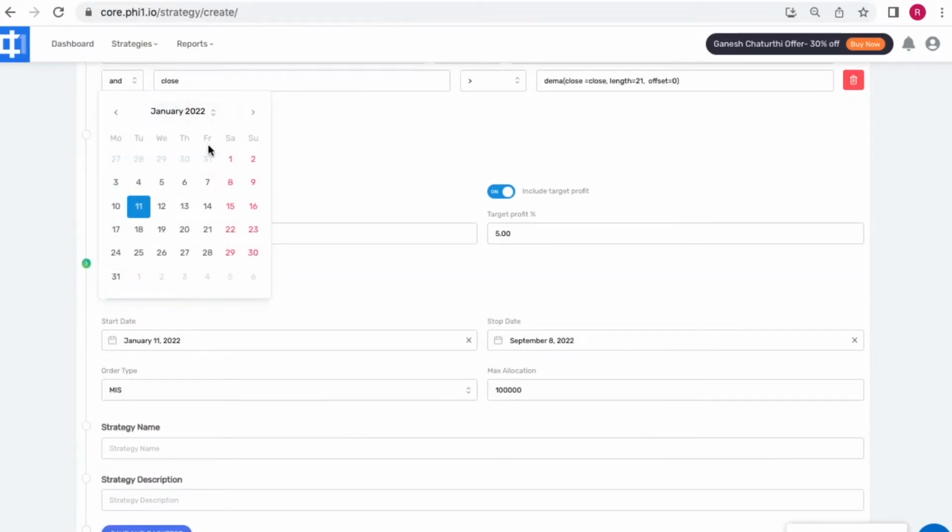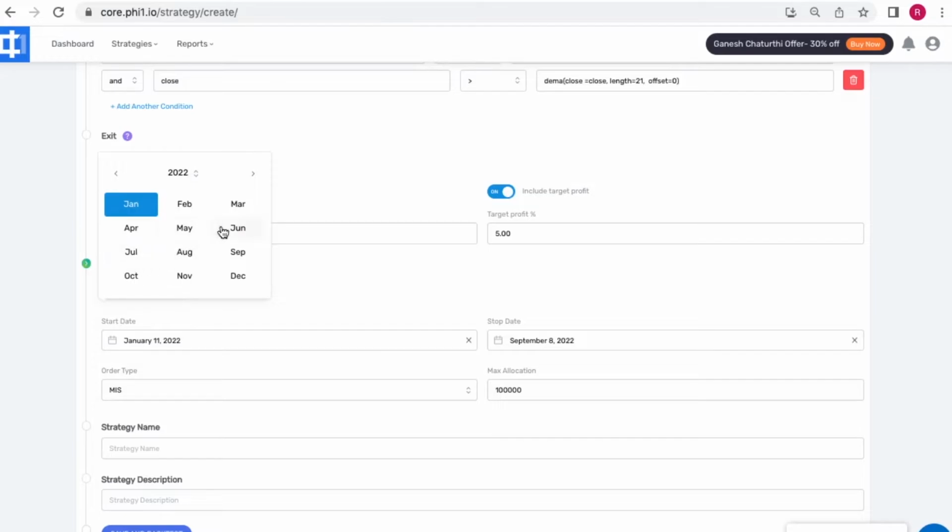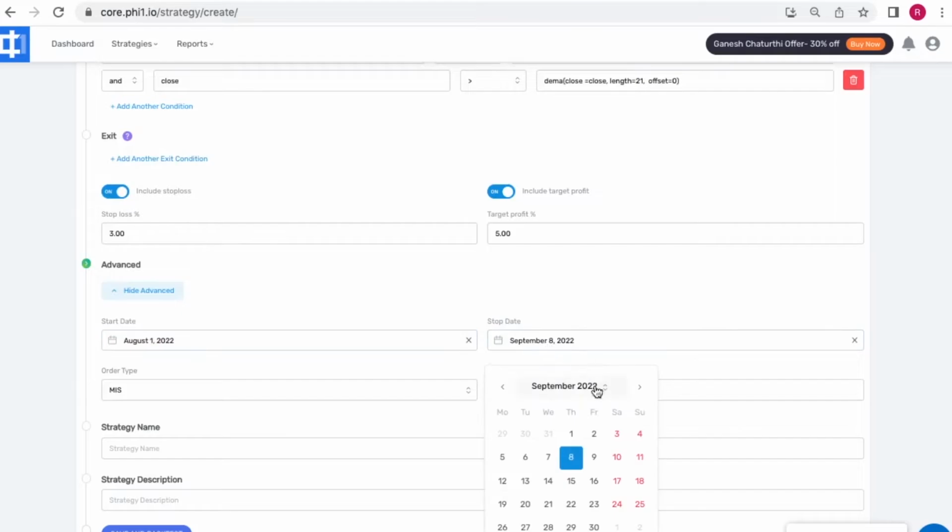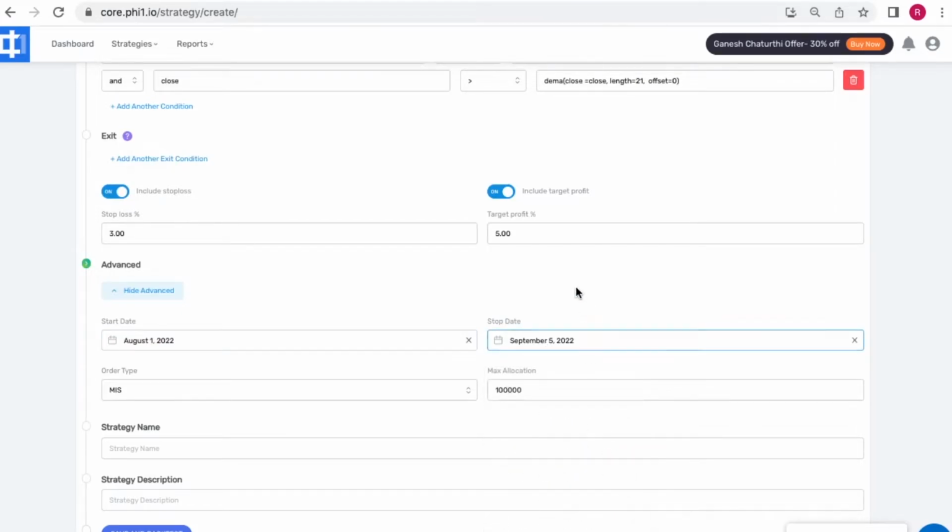For the sake of backtesting, I am choosing a time period starting from the 1st of last month until today. Name your strategy. And click save and backtest.